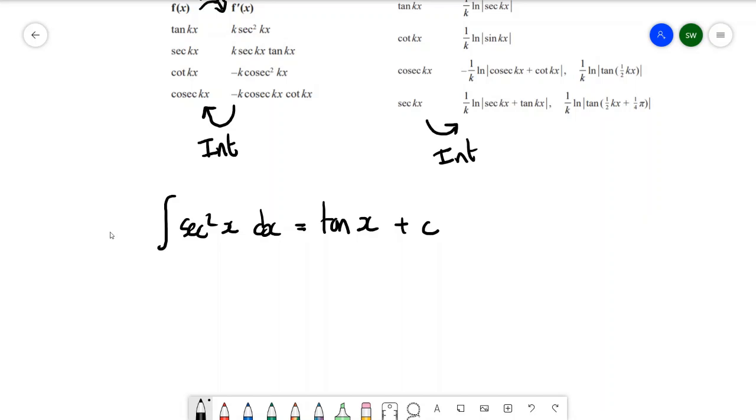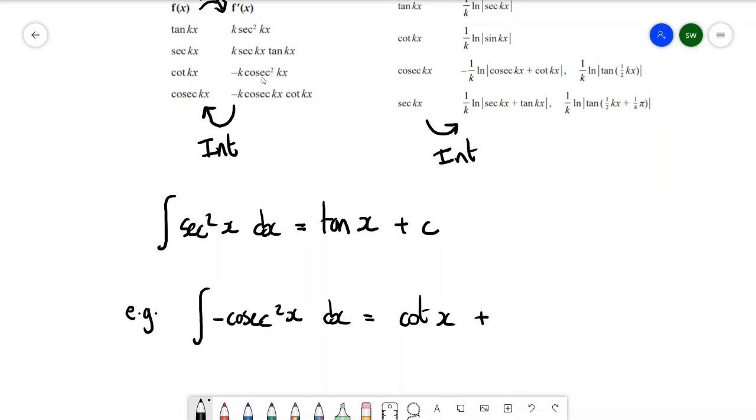It might be useful to note that with these two, you can swap around the minus symbol. For example, this line here tells us that if you integrate minus cosec squared x, let's just put k equals 1 for now, then we get cot x.